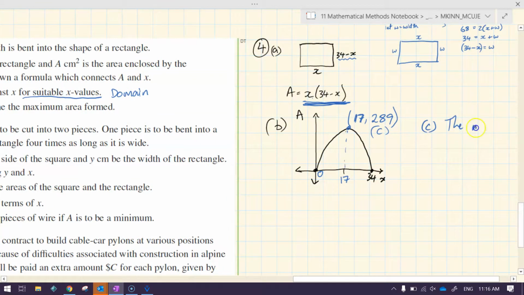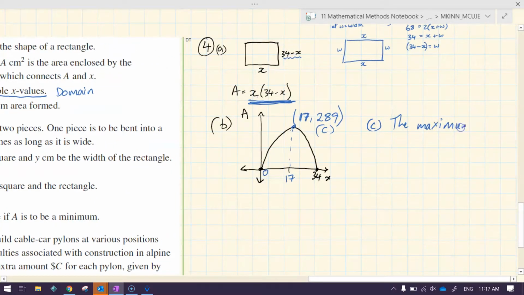The maximum area that can be formed is 289 what? Square centimetres, yes. It's 289 square centimetres.